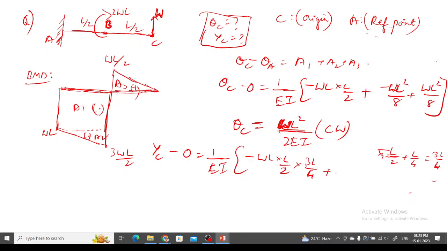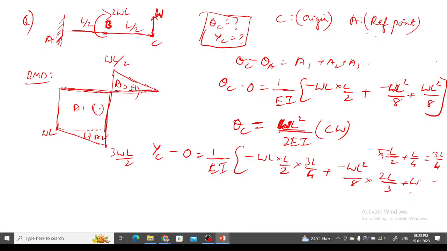Okay, and what is A2? It is minus WL square by 8 into x2, which is here. It is 2L by 3.